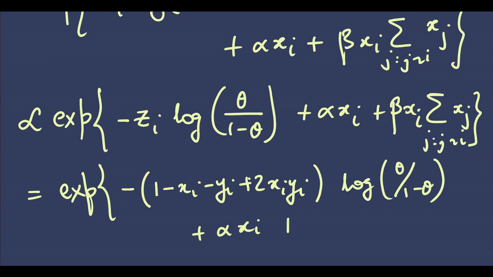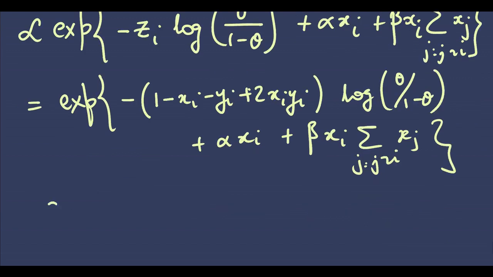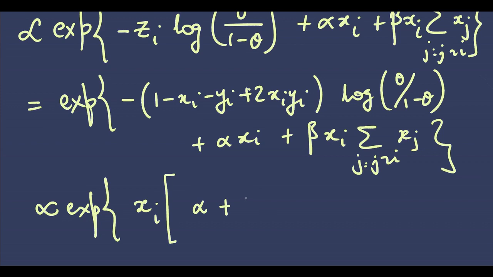we get this expression, and then what we can do is we want to isolate the x on its own, right? So we're going to have something which is a probability mass function in x, and we pull out everything that includes x. So what that leaves us with is, okay, we have an xi, we'll have alpha plus, what are we left with here?